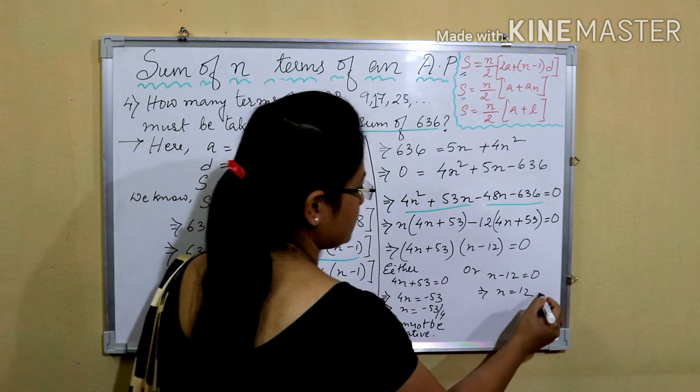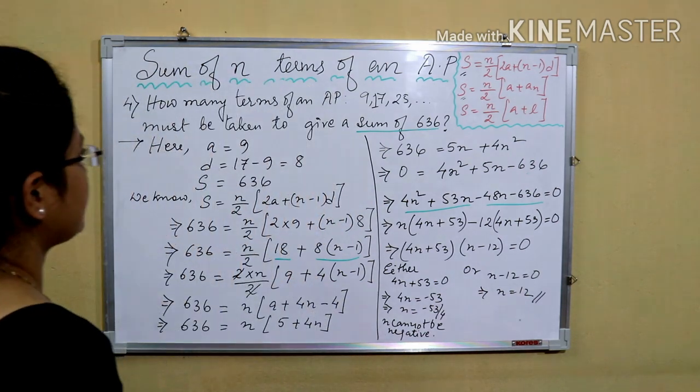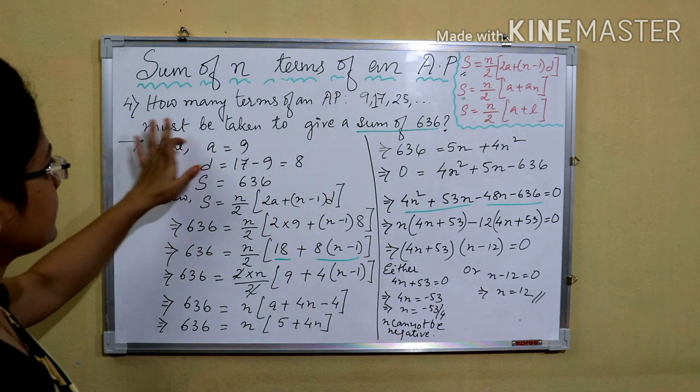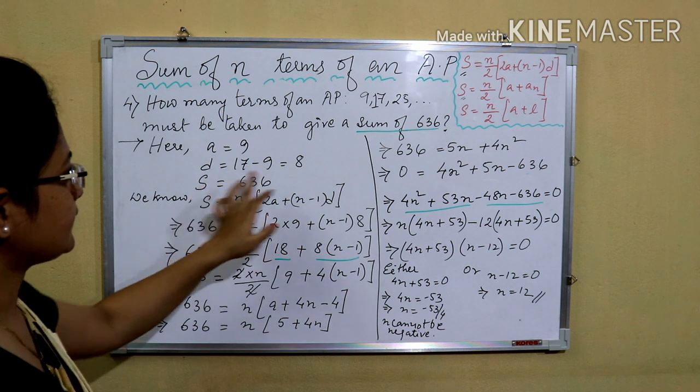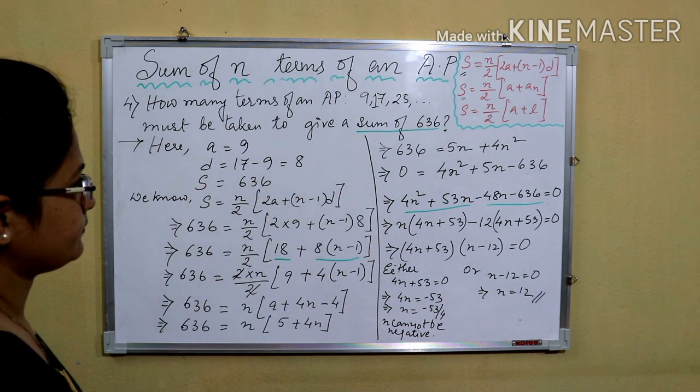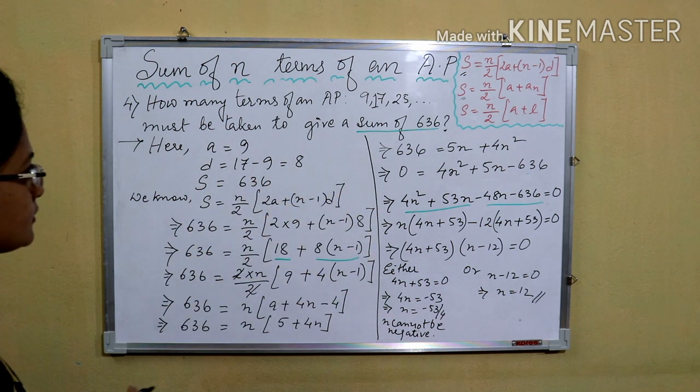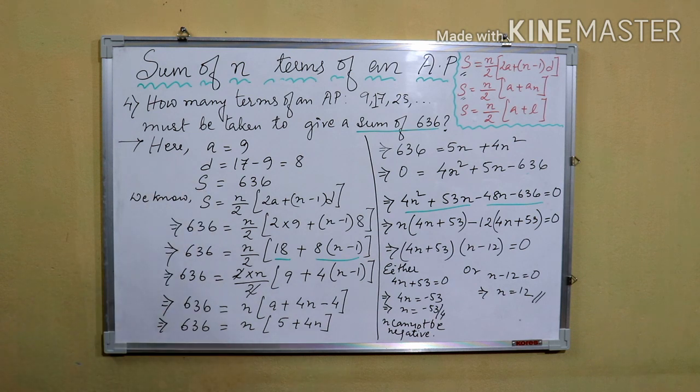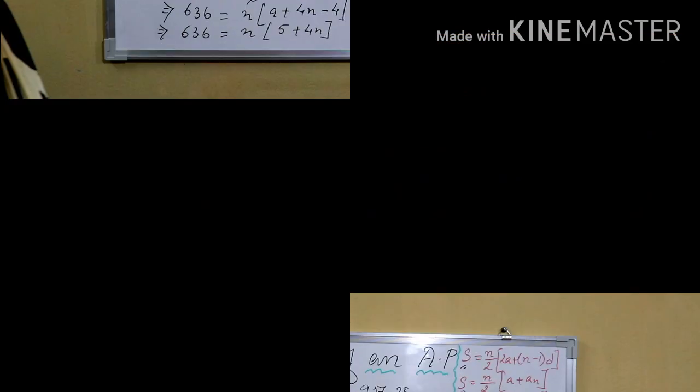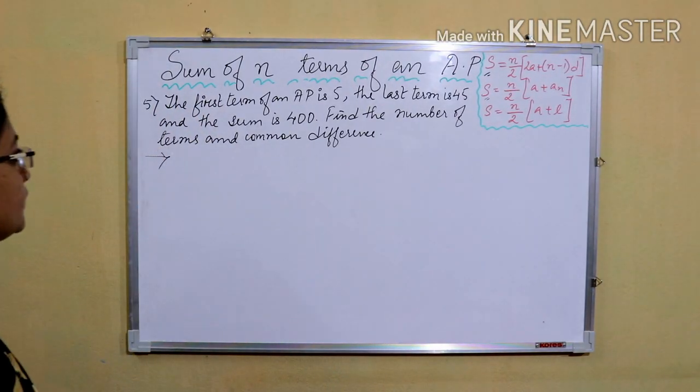So n equal to 12 will be the required answer. That means 12 terms if you add, you will be getting this 636. So by adding 12 terms of this AP, we will get a sum of 636.